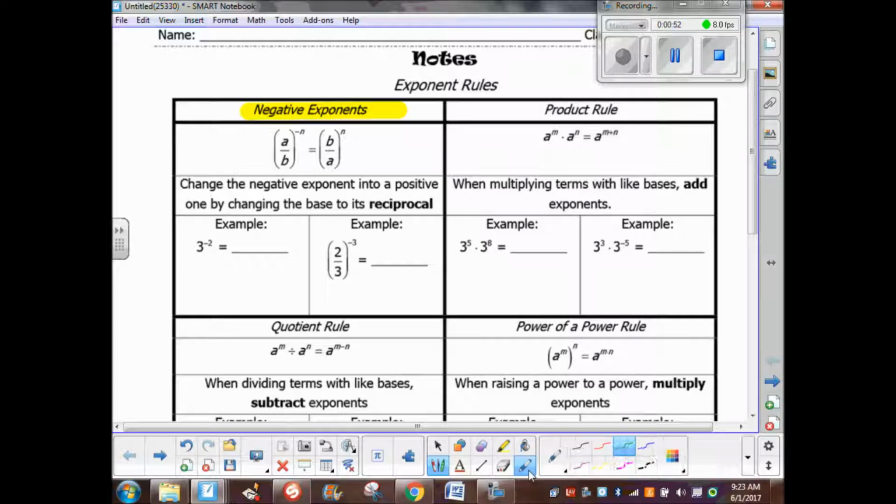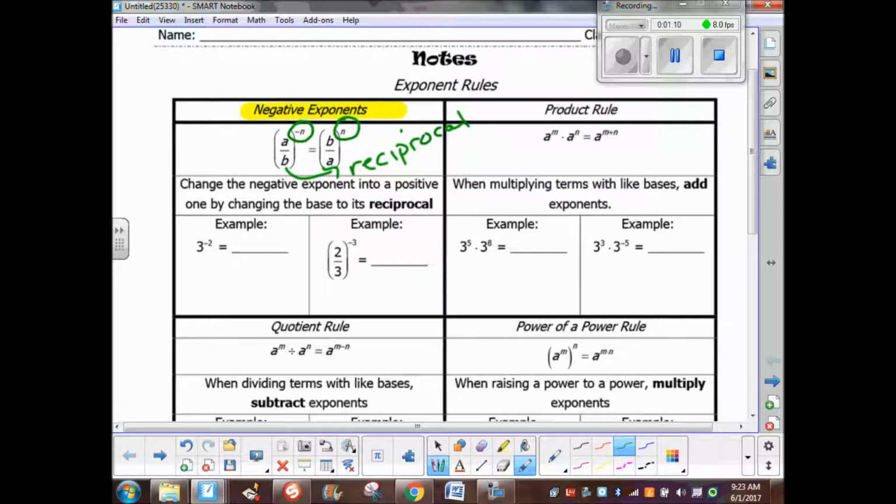Yeah, we took the reciprocal. We flipped over the fraction, and then we changed the sign of the exponent. That's exactly what happens with negative exponents. You flip it over, and you change the sign of the exponent.